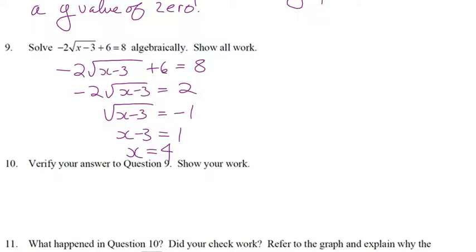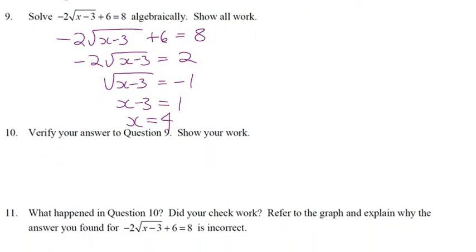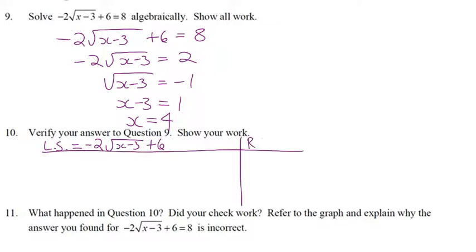All right, and now it's asking us to do something a little bit different. It's saying verify your answer to question 9 and show your work. Okay, so if we're going to verify this, I'm going to do a t-table. So the left side of my equation is this. Negative 2 root x minus 3 plus 6. And I'll leave more space there because the right side is just equal to 8.